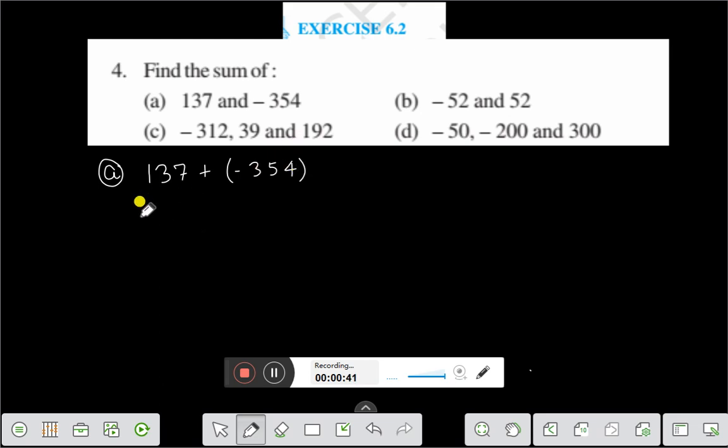Now we'll add this one, that is equal to 137 plus into minus, that is minus 354.